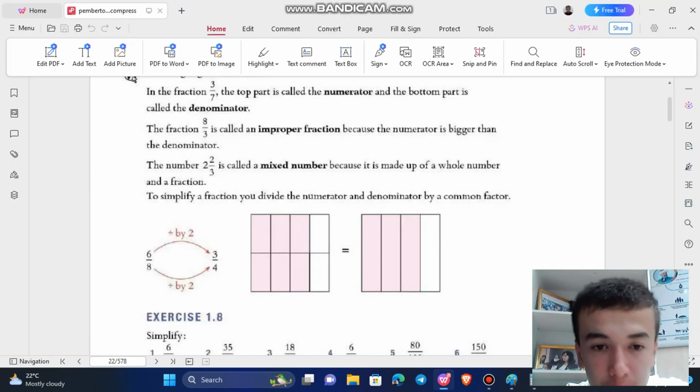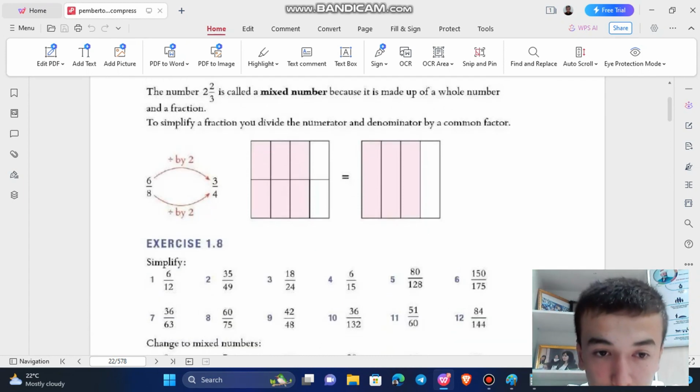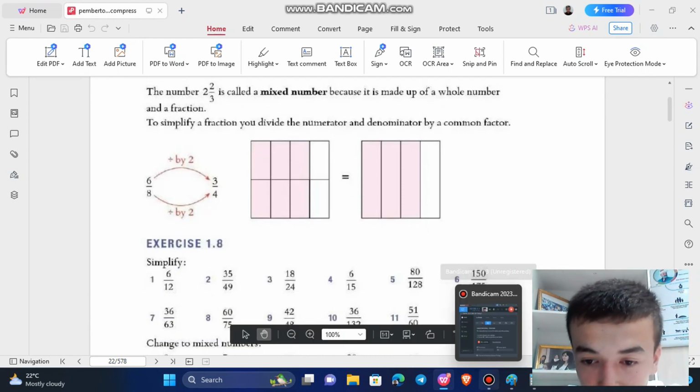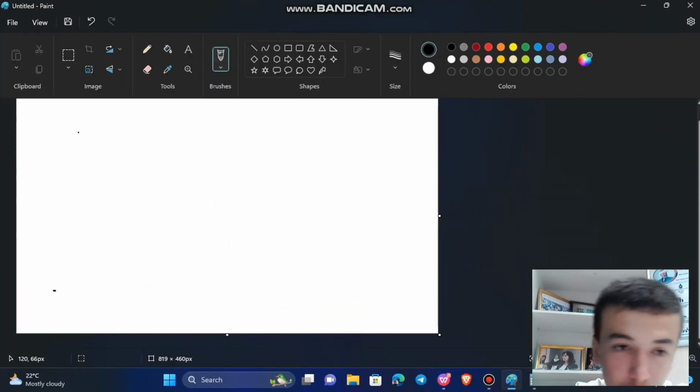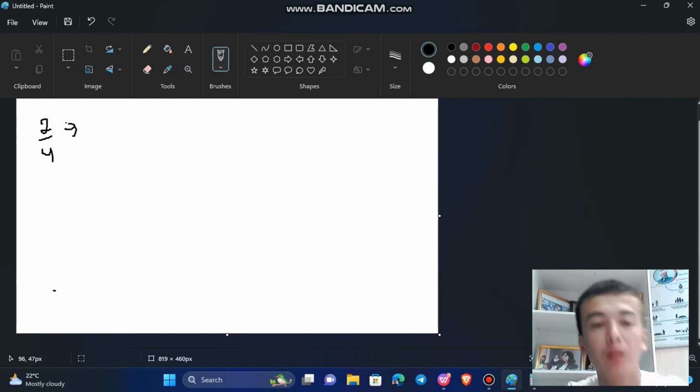Then we can expand or simplify the fractions. For example, 2/4. In this case, you can use the lowest common multiple.